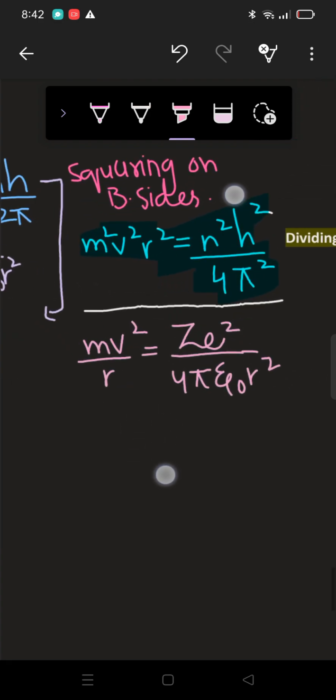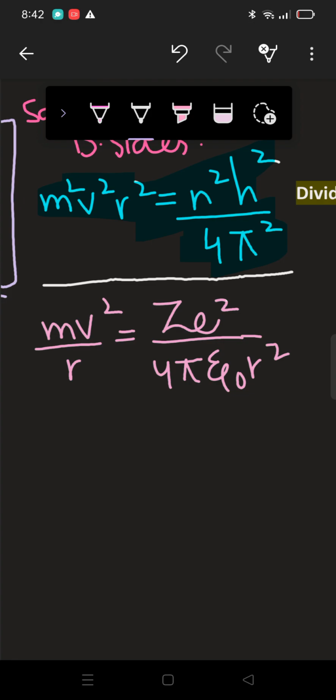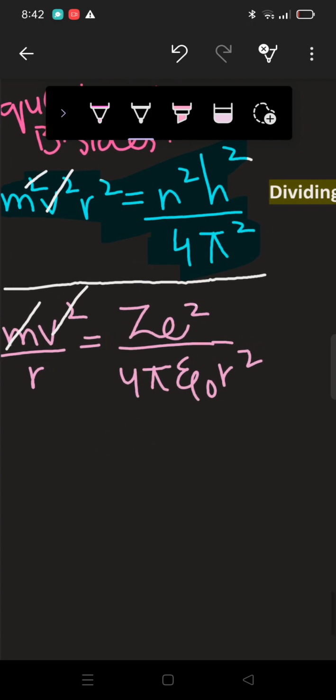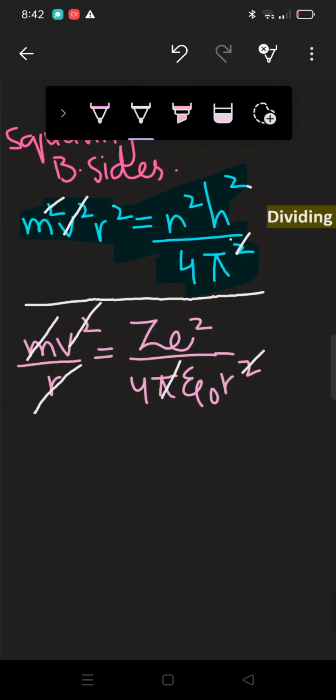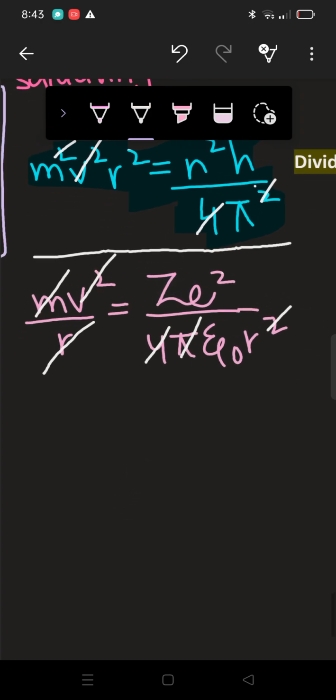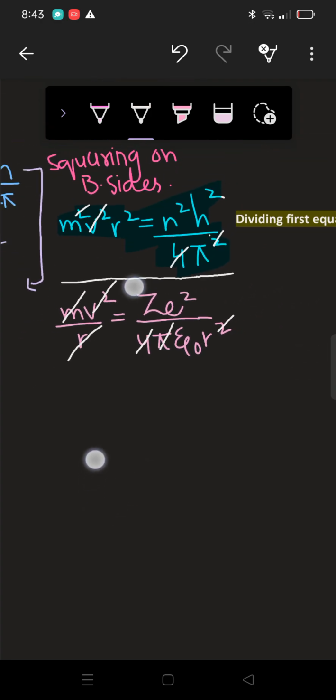Now let's divide. The v square cancels with this v square, and m cancels with this m, right? And here, pi cancels with this pi, and this r is divided by this r. What else do we have? Yes, 4 will be divided by this 4. Now let's see what's remaining and write it here.